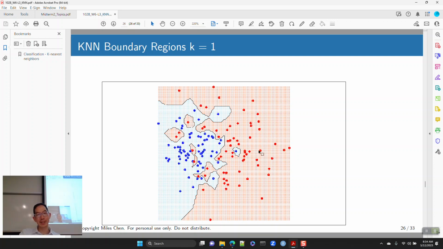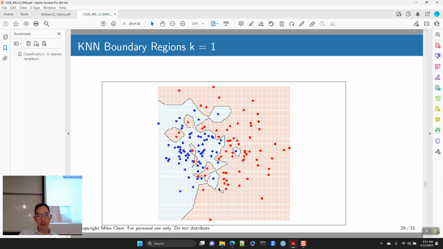Your primary country is over here, and then you have territorial influence because you sent your troops to take over this land over here. And so with k equal to 1, you have these exclaves.